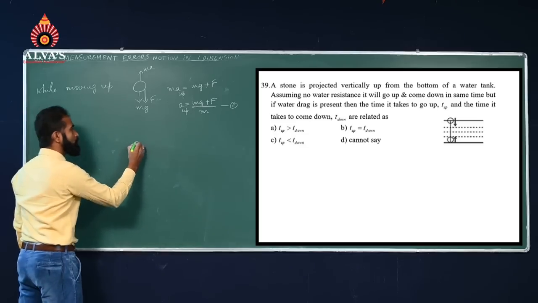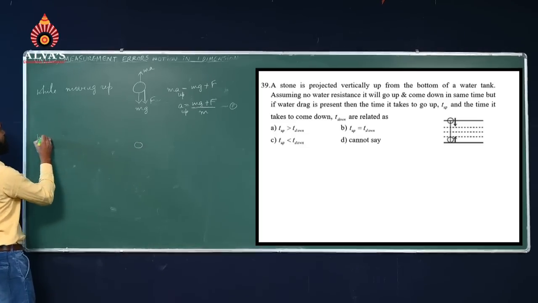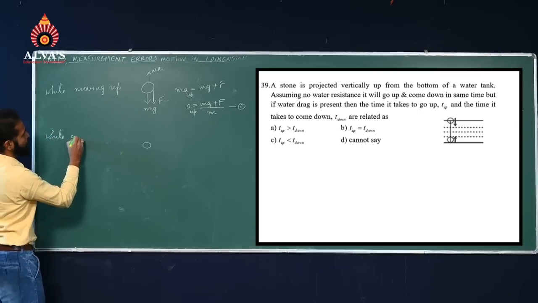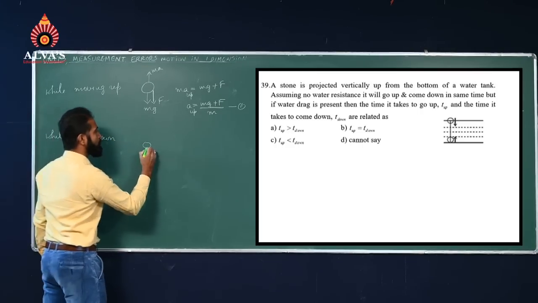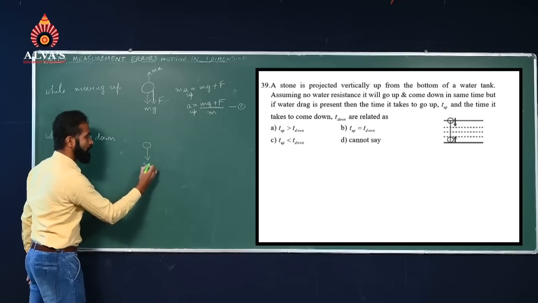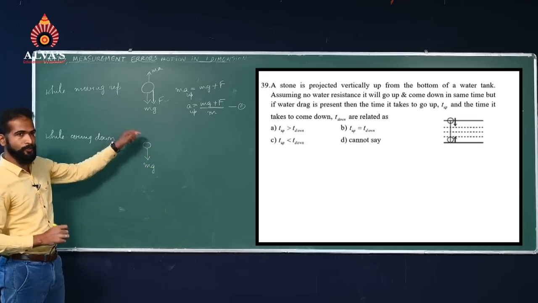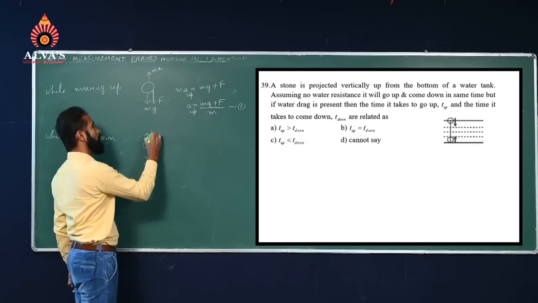Now suppose the same object is going down. Weight always acts vertically downwards, mg, and since the motion is downwards, drag force will be upwards.